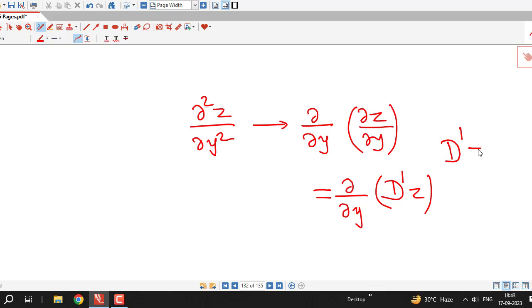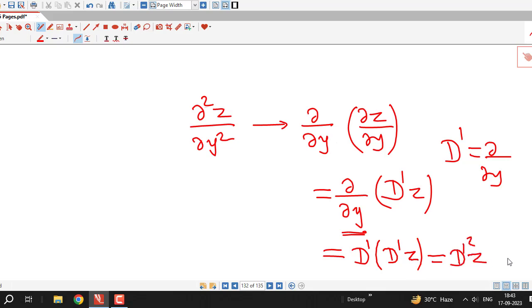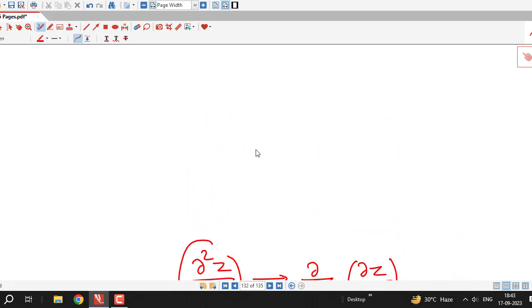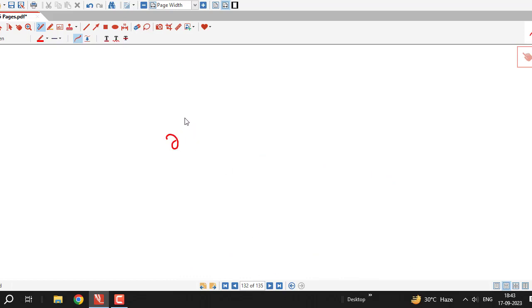D dash stands for partial derivative with respect to y. Again we are replacing del by del y by D dash. So we have D dash D dash z, that is D dash square z. Second order derivative of z with respect to y will be denoted by D dash square z. Similarly, third order derivative of z with respect to y will be denoted by D dash to the power 3 z. So remember this type of notations, we are going to use them frequently.